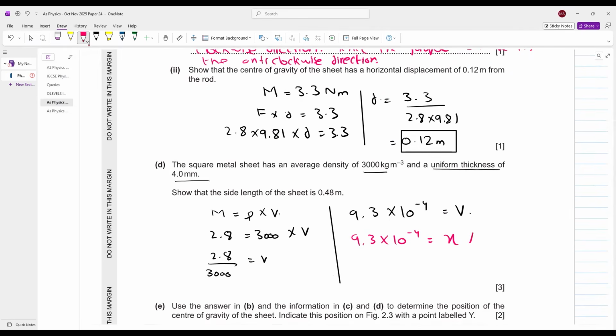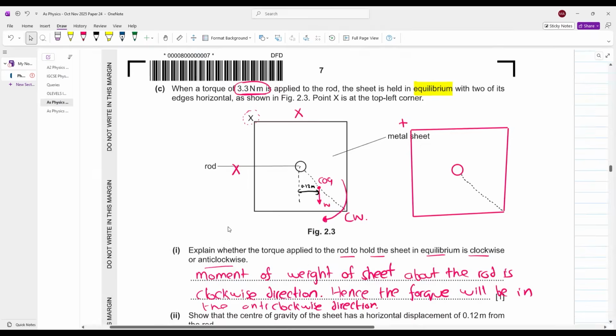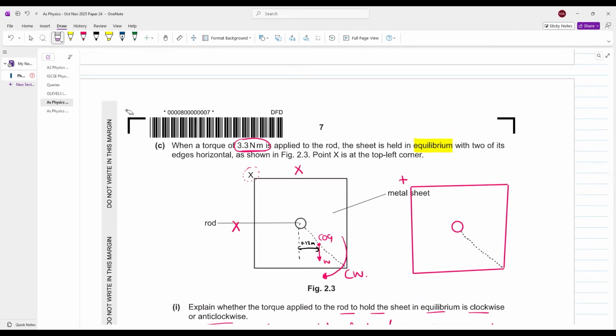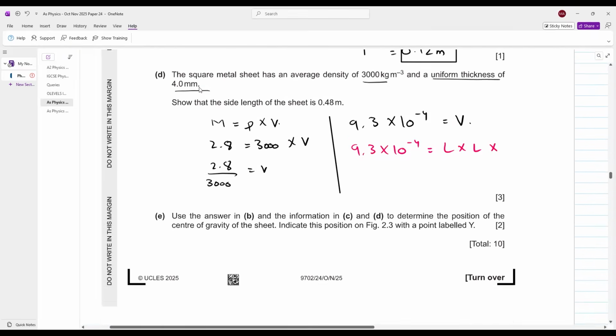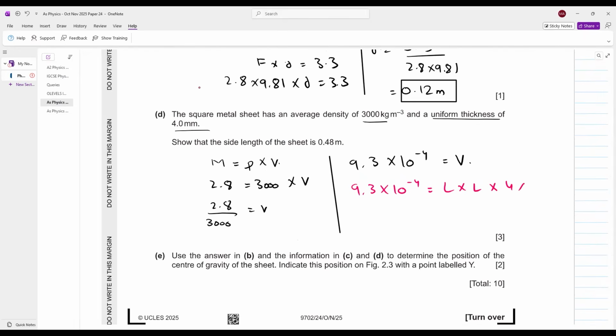Let's make them different. You can say that the side length is L. बेटा अगर एक साइड लेंथ L है तो दूसरी भी L ही होगी, वॉल्यूम की जगह L into L रख दिया. What is your thickness, 4 millimeter, 4 into 10 to the power of minus 3. 9.3 into 10 to the power of minus 4 divided by 4 into 10 to the power of minus 3 is equal to L squared.